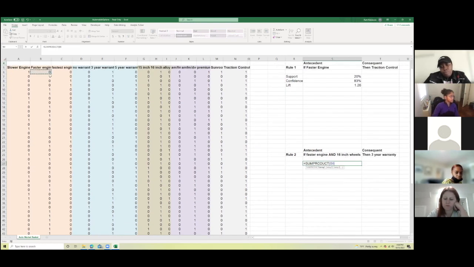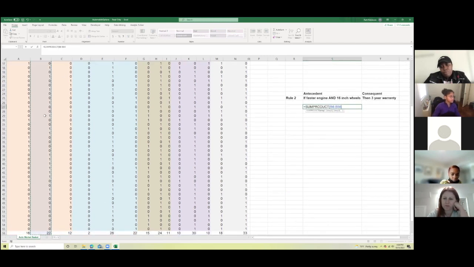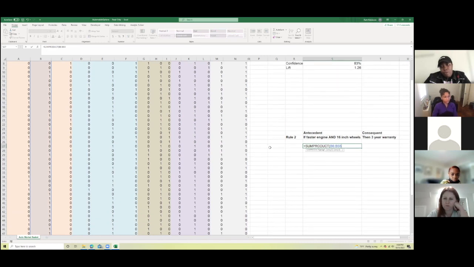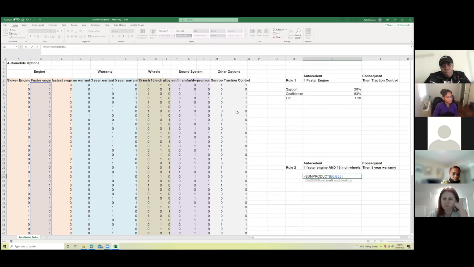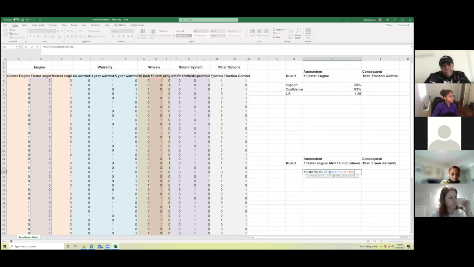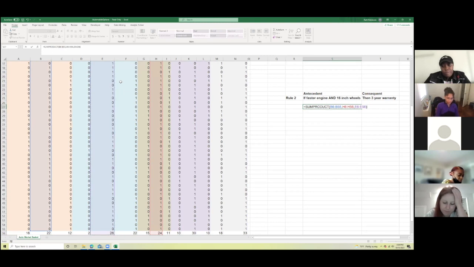So faster engine. So we can do all three of them in this one. So faster engine, 16-inch wheels, and 3-year warranty, all divided by 50. Hold on a second.